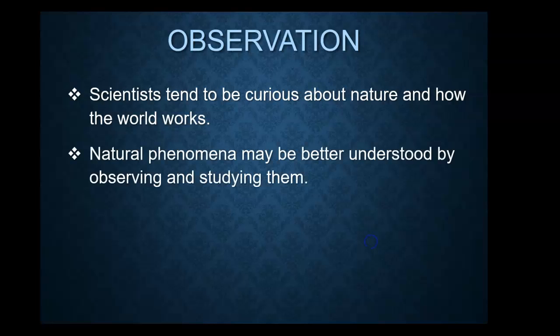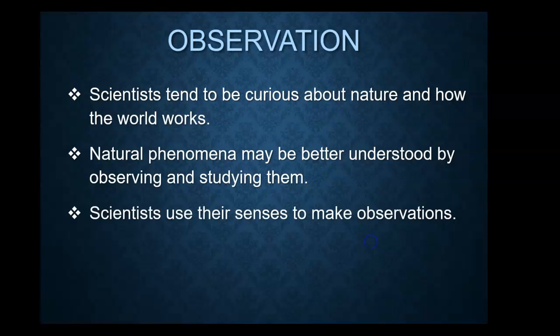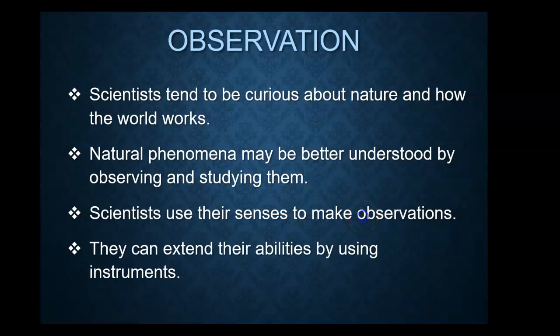So again, scientists definitely tend to be very curious about things that they see occurring in nature and how the world works, and that natural phenomena that's occurring may be better understood by observing and studying them. So scientists basically use their senses about what they're seeing happening, and they make these observations, and then they can extend their abilities of these observations by using tools.